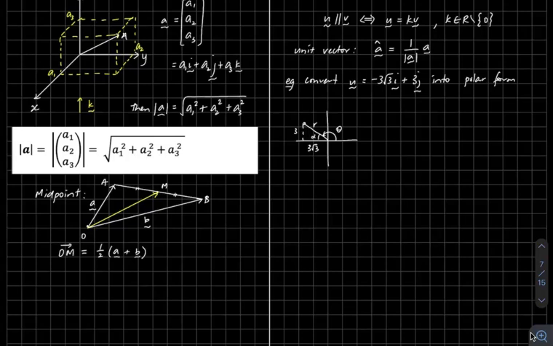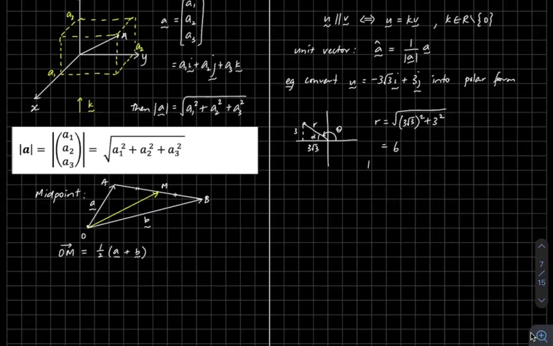So I'm going to say first of all that r is equal to the square root of (3 root 3) squared plus 3 squared. The square of 3 root 3 is 27, isn't it? Plus 3 squared, so plus 9, is 36. So that's going to simplify down to just 6.